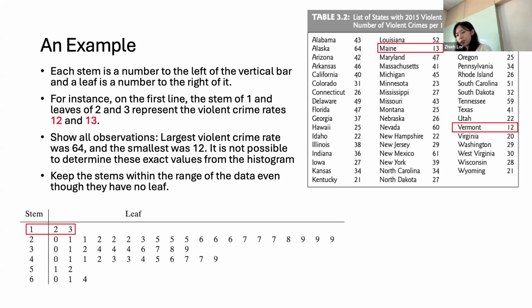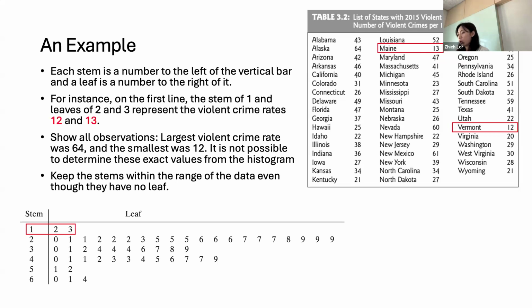So it's 12 and 13. The second row is a similar thing. The 2 is a 20. So if there is a 0 there, it means 20. If there is a 1 there, it means 21. So 21 appears twice, 22 appears three times. This keeps giving you all the numbers that appear in table 3.2.